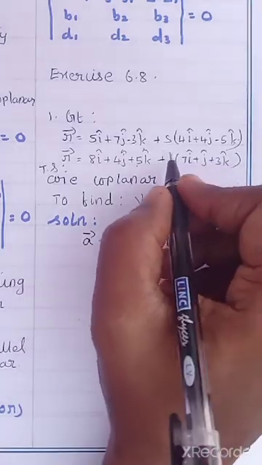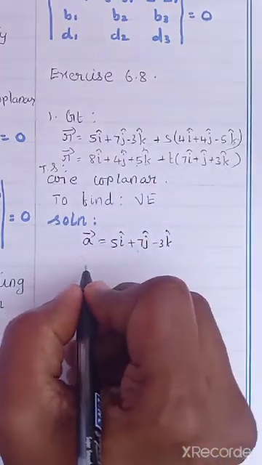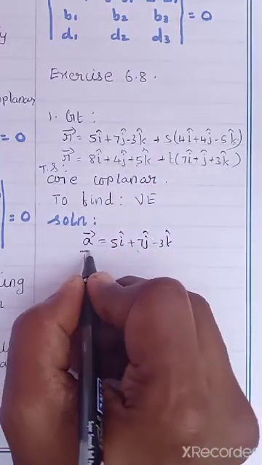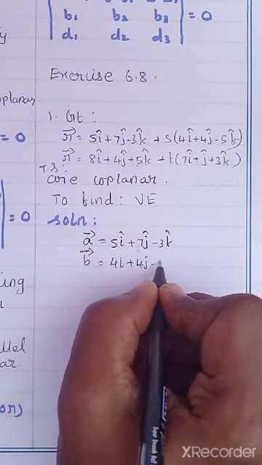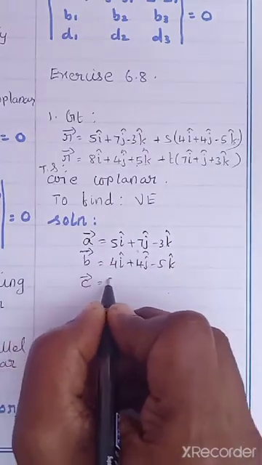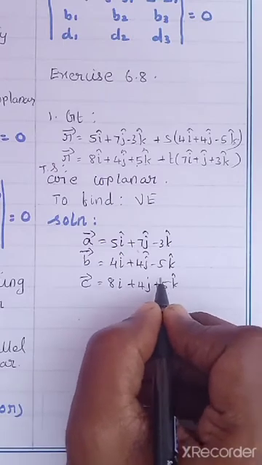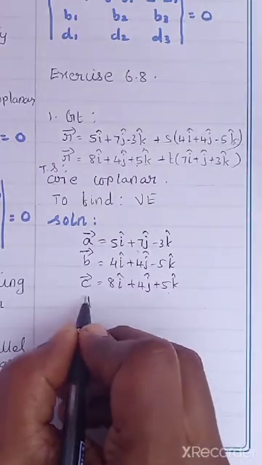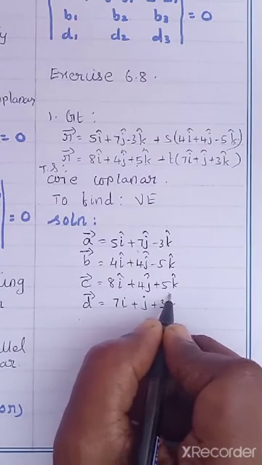B vector is 4i plus 4j minus 5k. C vector is 8i plus 4j plus 5k. And D vector is 7i plus j plus 3k.